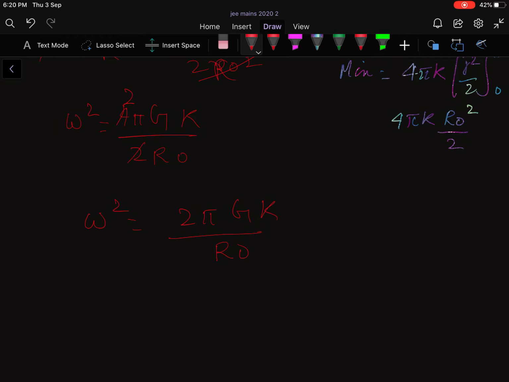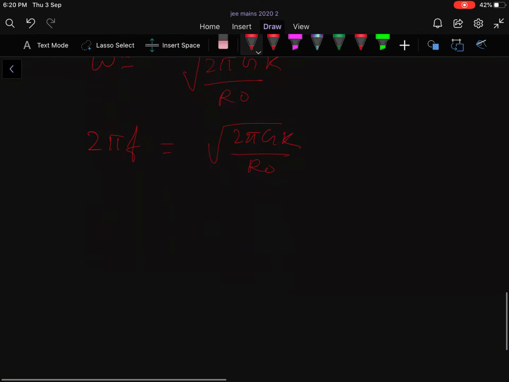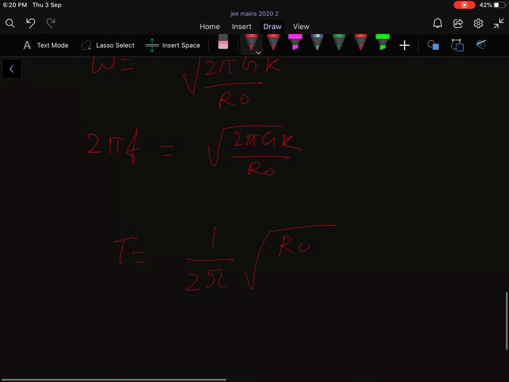Here G is the universal gravitational constant, so omega is under root 2 pi G k by r naught. And you know that omega means 2 pi f.